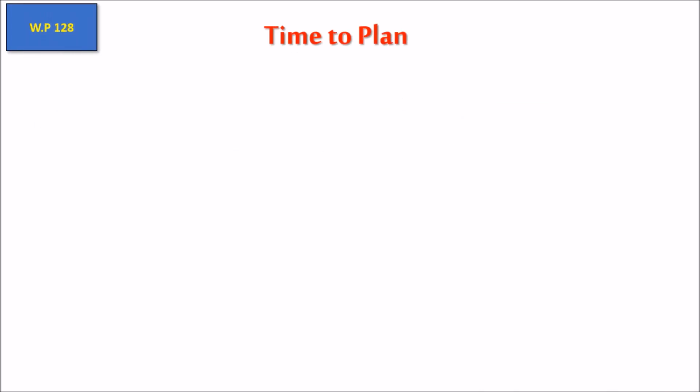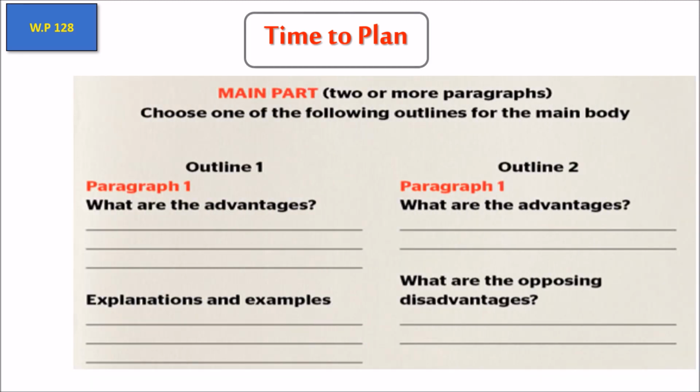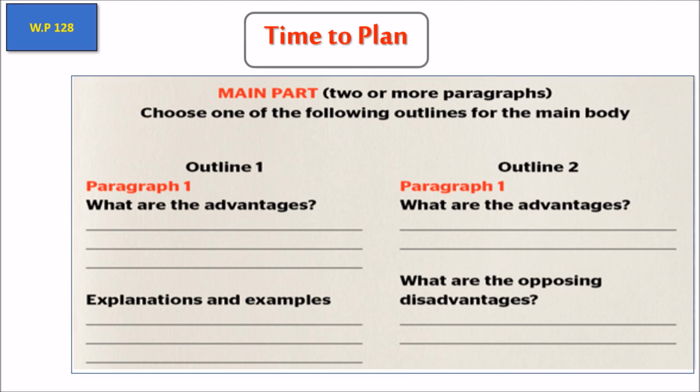We are still on workbook, page 128. We are on the planning process. Dear students, let's think for a while what we should do. You need to look at the planning spaces here and pause the video for some time. Then you need to play the video to check your answers after that.